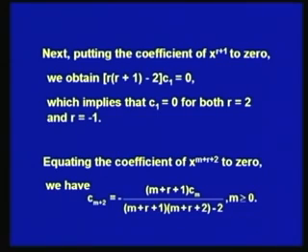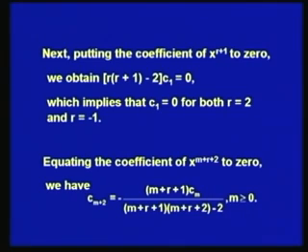Next, in order to find the recurrence relation between the coefficients of the series solution, we shall put the coefficient of x to the power m plus r plus 2 to 0. This will give us Cm plus 2 equal to minus (m plus r plus 1) Cm over ((m plus r plus 1)(m plus r plus 2) minus 2) for m equal to 0, 1, 2, 3 and so on, or you can say m is greater than or equal to 0.